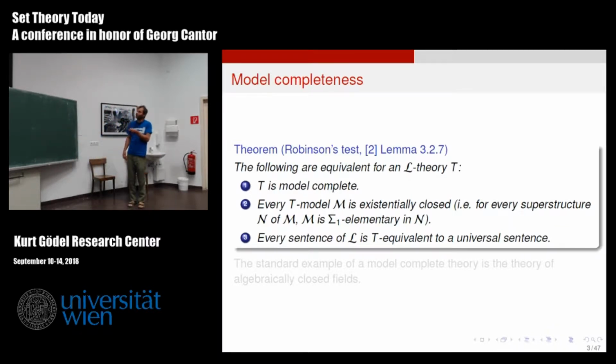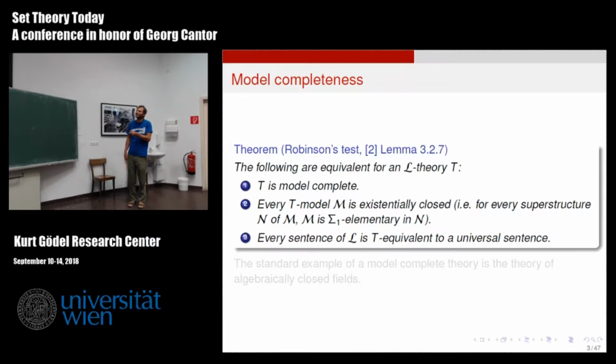And point 2 is one of the reasons why I got interested in model completeness, because this is very much reminiscent of what happens with bounded forcing axioms. A bounded forcing axiom says that H omega 2 is sigma 1 elementary in its superstructures.